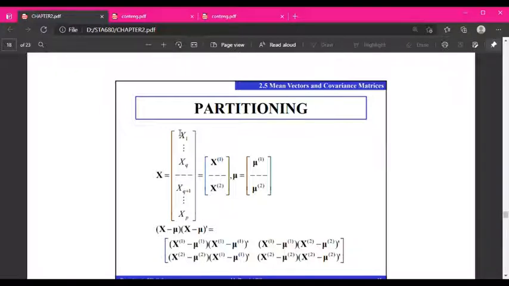Okay, kita ada banyak variable, then we can partitionkan ataupun kita boleh groupkan that variable into two groups or more. Okay, so kat sini I tunjuk cara kita nak partitioning into two groups.